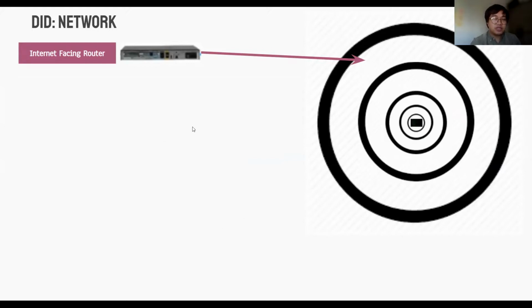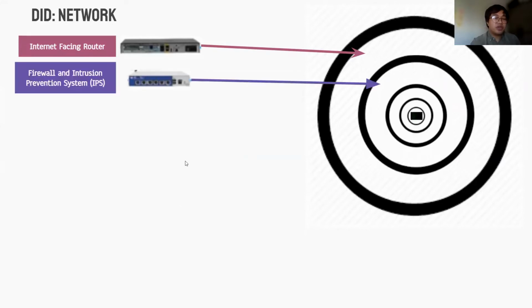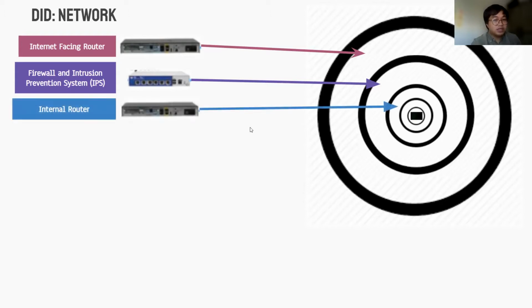So this actually takes it all at the first stage, followed with the firewall. So the firewall here has both an intrusion prevention and detection system that helps us to mitigate further issues if there are. Then another set of internal router that checks on the IPs and the credentials of the users.